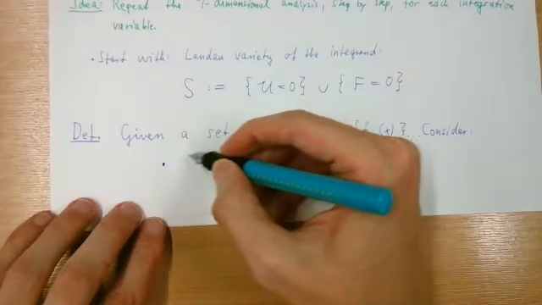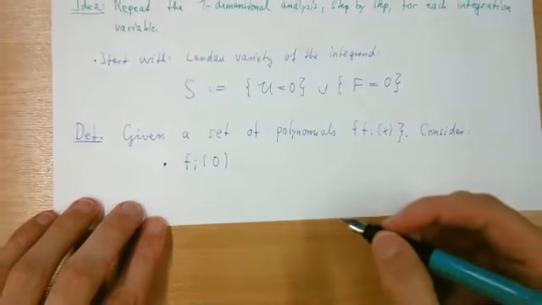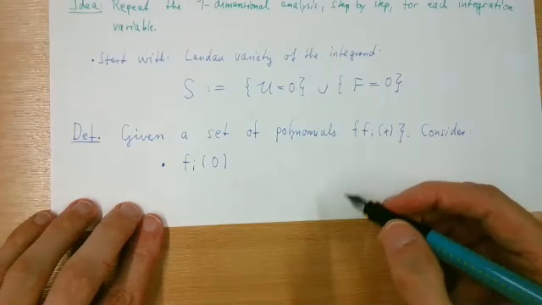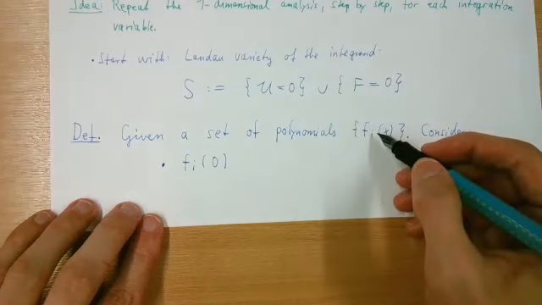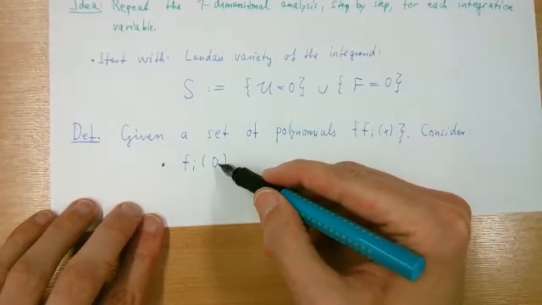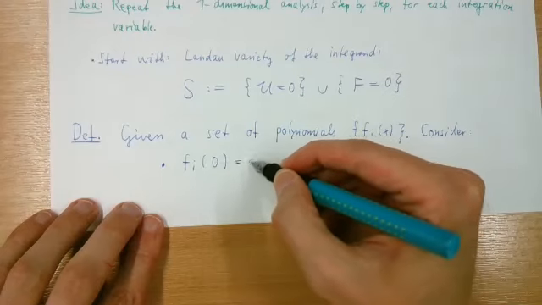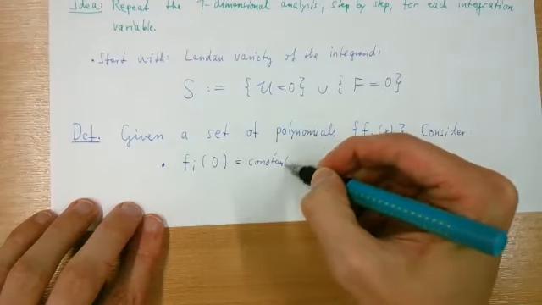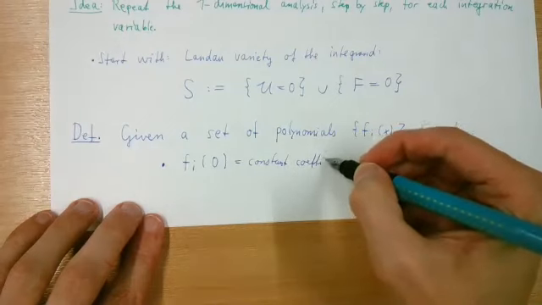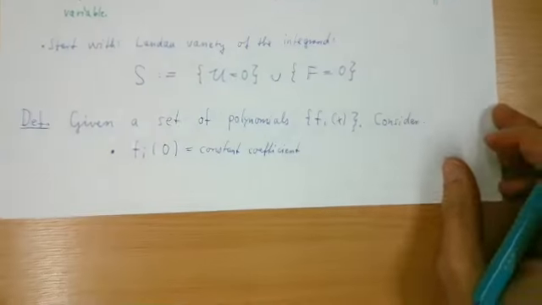So the first thing is to look at the values of the polynomials at 0. Right? So I assume that these polynomials are irreducible. And so in general, 0 is not going to be a 0. But the constant coefficient, right? So this is the constant coefficient. We keep track of those. Right, so what is the idea behind this?